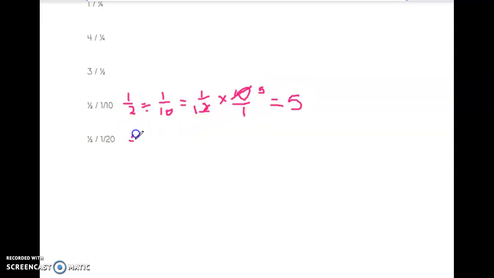Your last one, 1/2 divided by 1/20. Let's go ahead and use the keep, change, flip method. 1/2 will stay the same. Change the sign. Oh, that should be 1/2. Let me fix that for us.